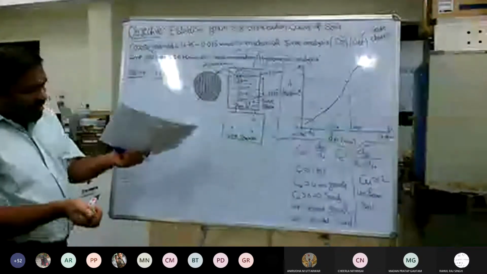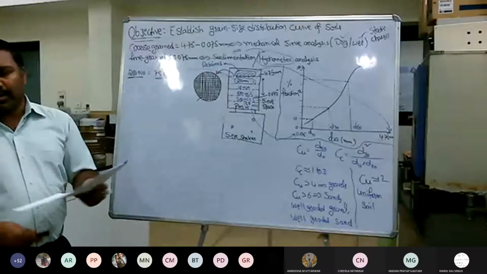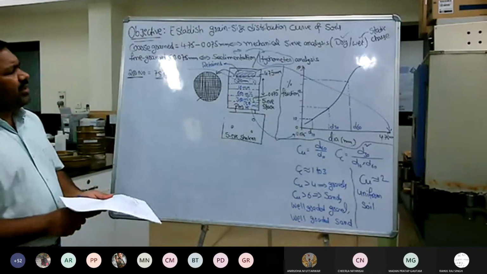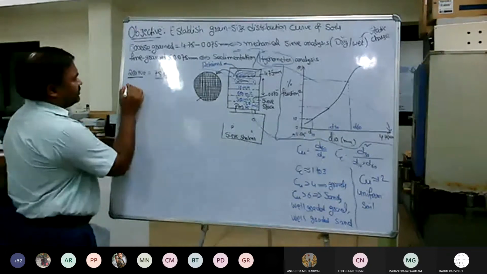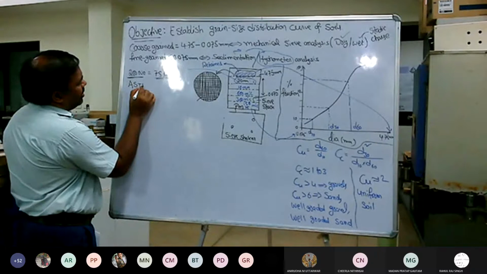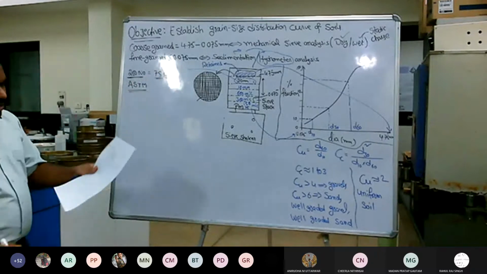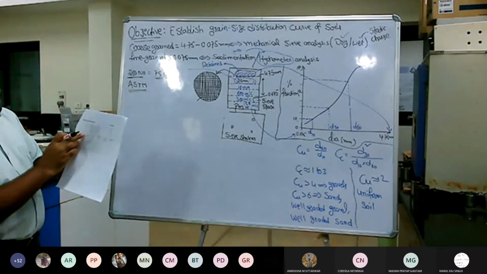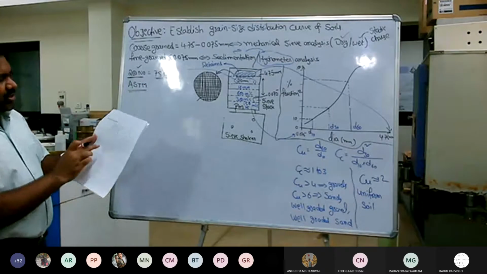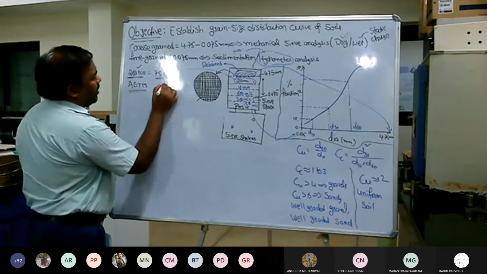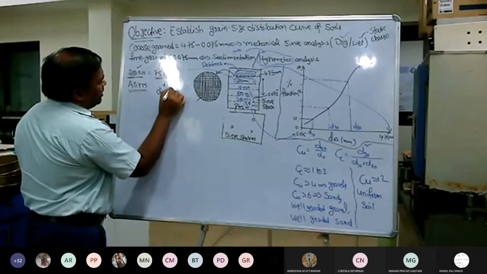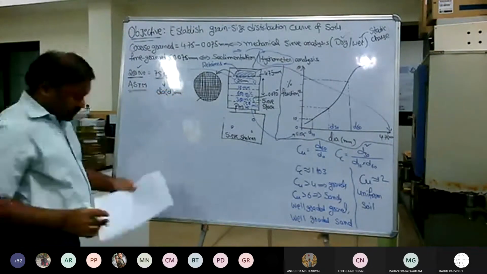Similarly, for other sizes also, there are particular numbers given by ASTM, I think. Either you can refer to the sieve number, or the sieve aperture size, which is nothing but the particle diameter d in millimeters.